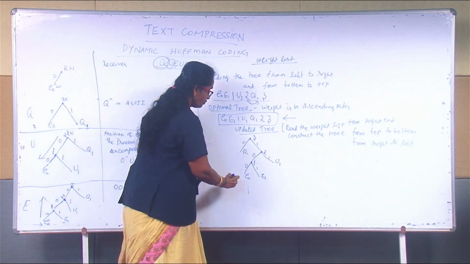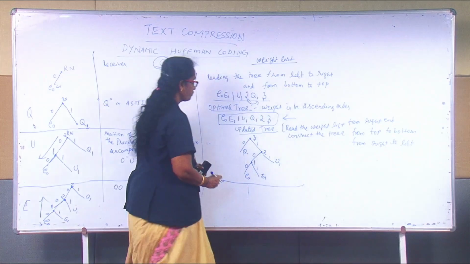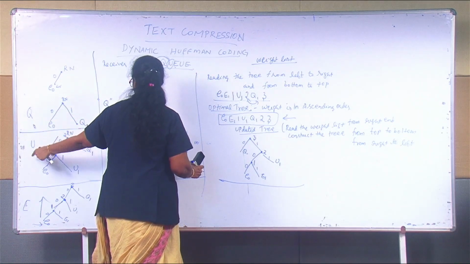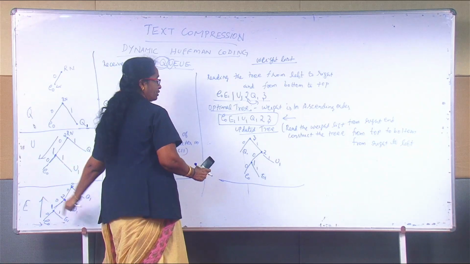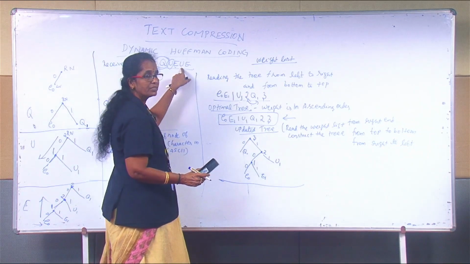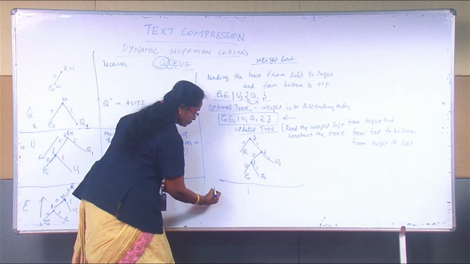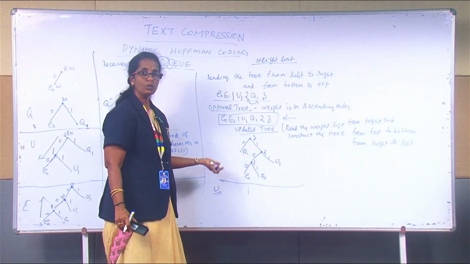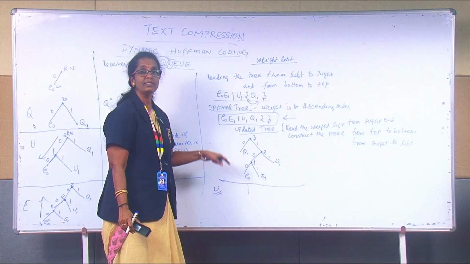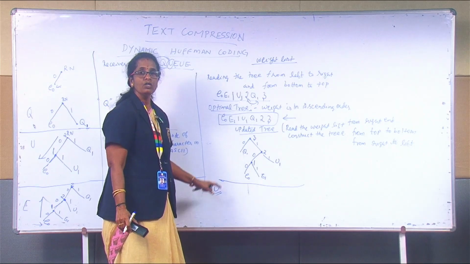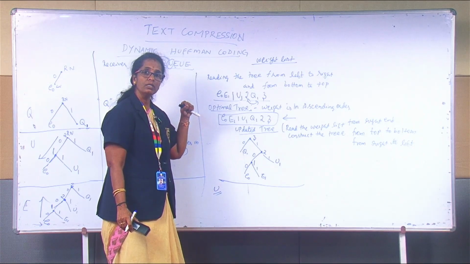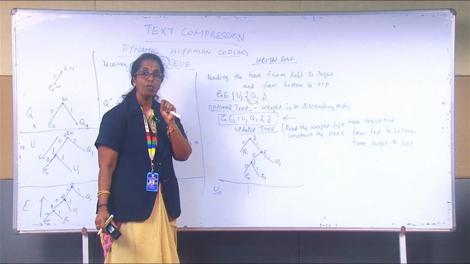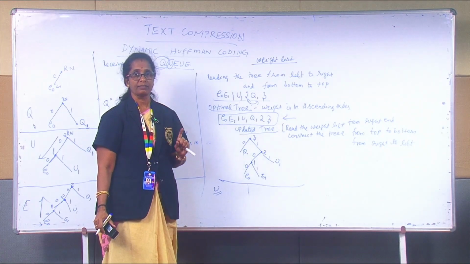What is our next stage? The next character. Now we have processed the characters Q, U and E. Now the next character of the string is U. Is it an existing character or a new character? It is an existing character, right? So if it is an existing character, you have to increase the probability of occurrence of that character.